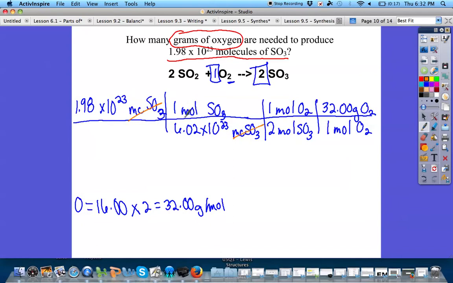Molecules of SO3 cancel, moles of SO3 cancel, moles of oxygen cancel, and grams of O2 are what we're left with.